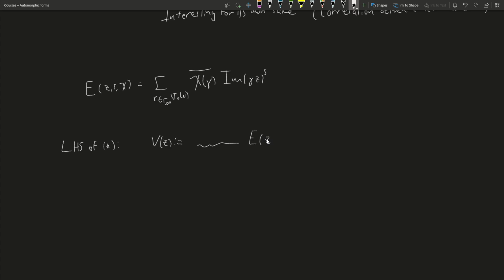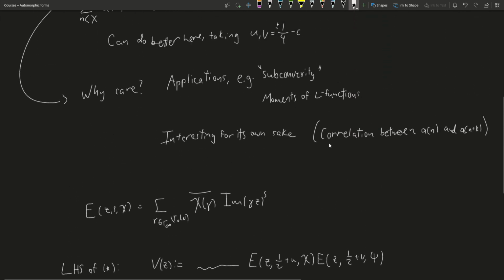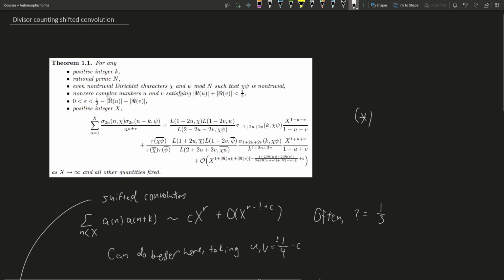And then I'll take the Eisenstein series at 1/2 plus u comma chi, and then the Eisenstein series at 1/2 plus v comma psi. So here this u, v, chi, and psi, these are quantities that satisfy the assumptions up here.